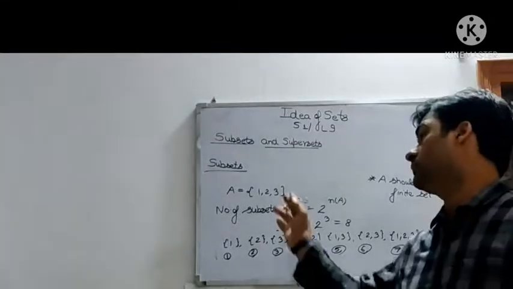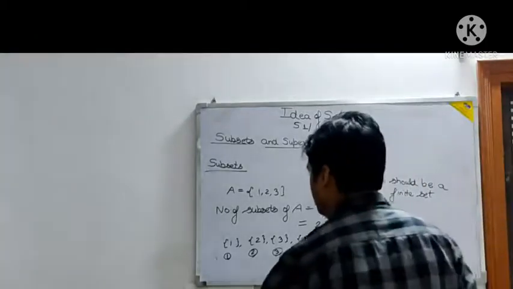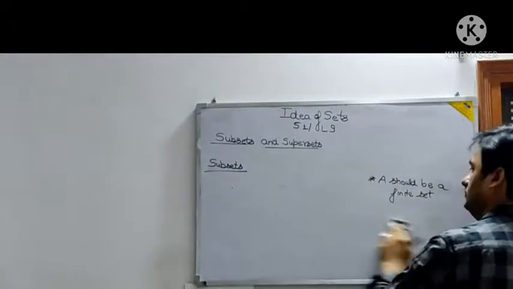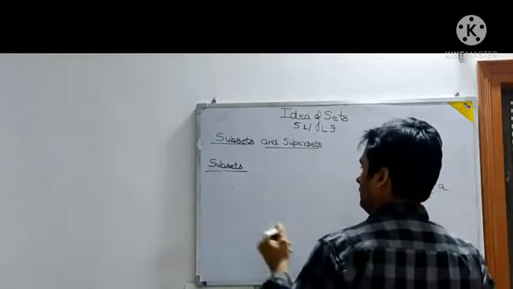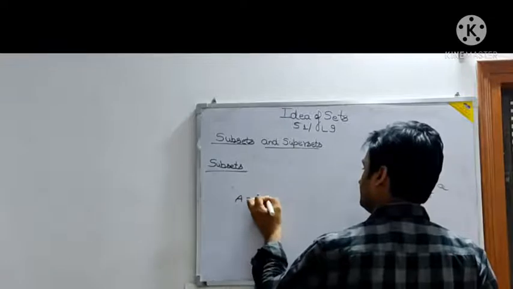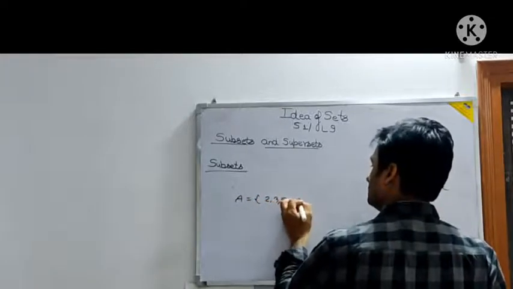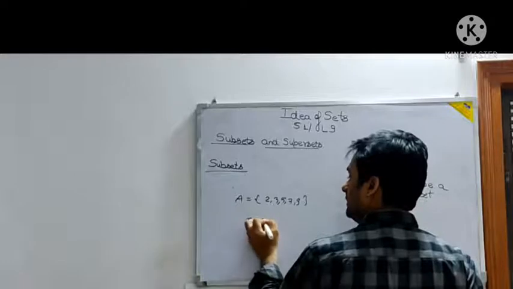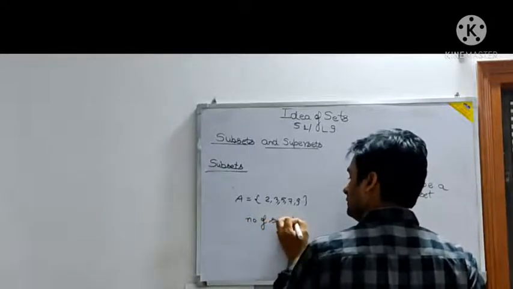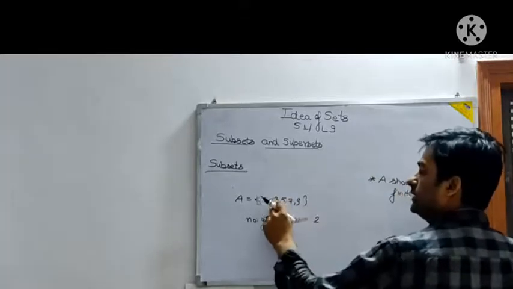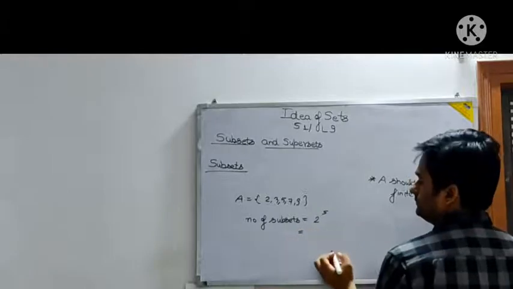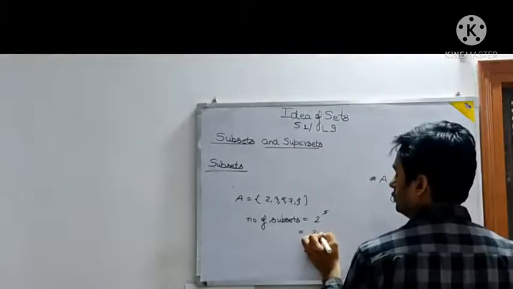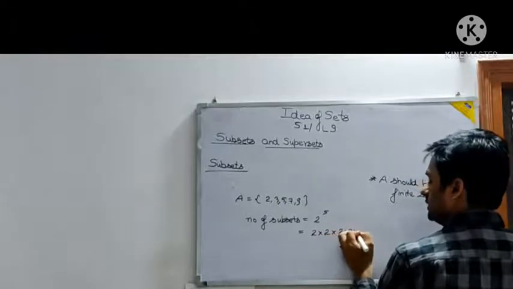But suppose the number of elements is more, then what do you do? Suppose A is equal to 2, 3, 7, 9, and so on. So the number of subsets will be 2 to the power n of A. What is n of A? 1, 2, 3, 4, 5. 2 to the power 5 means 2 multiplied 5 times. 2 twos are 4, 2 fours are 8, 2 eights are 16, 2 sixteens are 32.